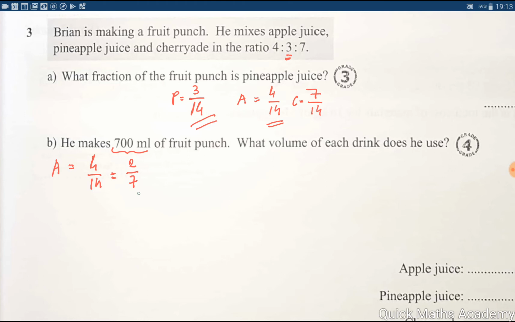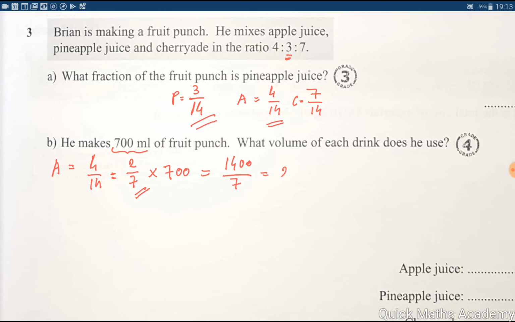Now that I have this fraction, I just multiply this number by 700 milliliters, and the result will be the quantity of apple juice. 2 times 7 is 14, so I will have 1400 over 7.